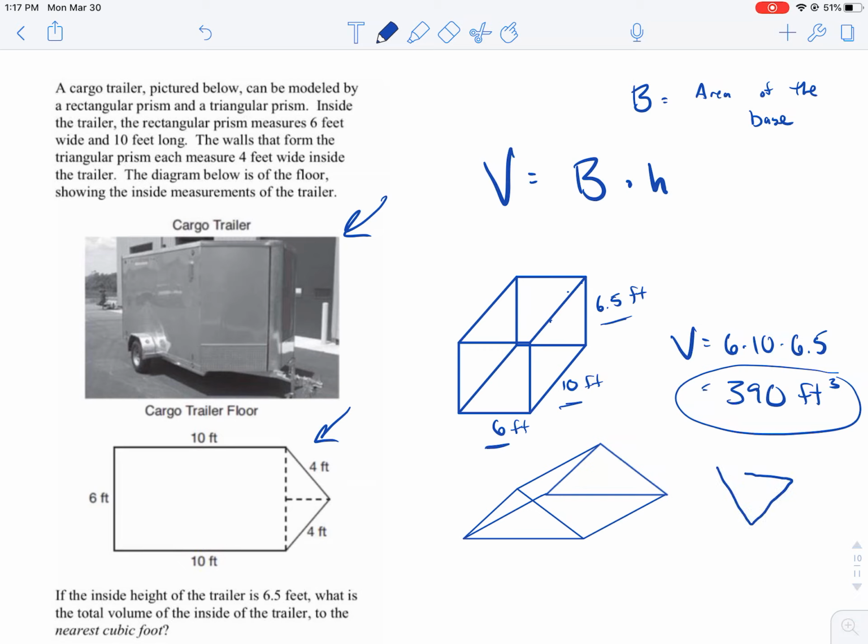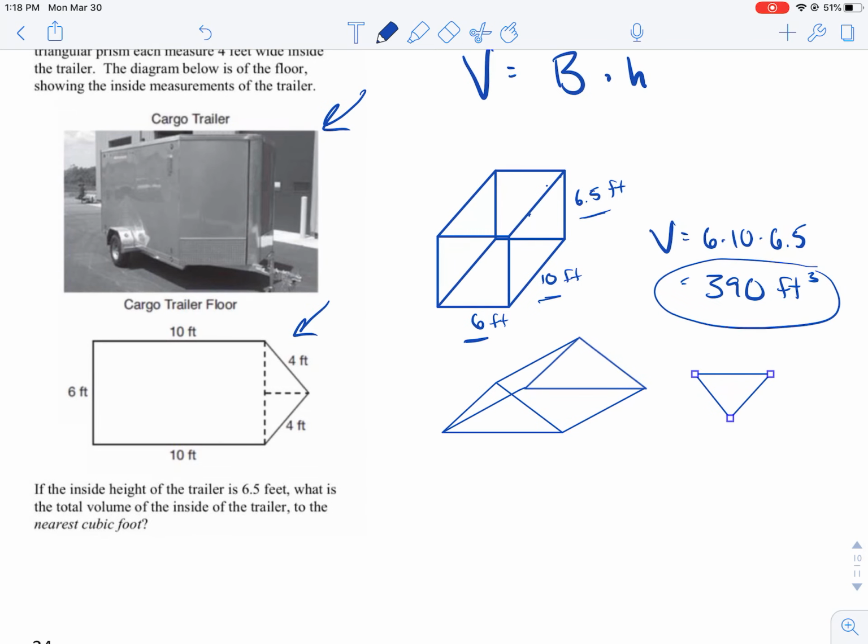We don't want to look at it like this. How you want to look at this thing is we want to set it so that our triangle is sitting on itself.